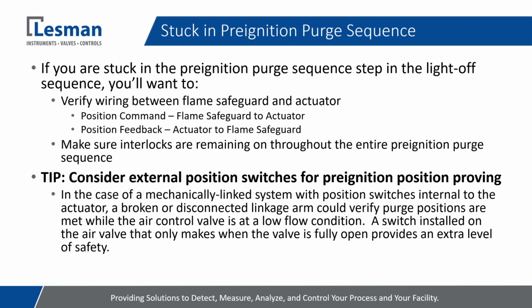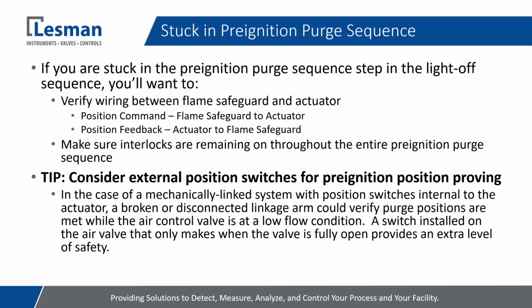So the flame safeguard is sending out a position command to the actuator: go to high fire. That usually takes anywhere from 15 to 30 seconds to achieve, and then the actuator will send a feedback saying, I'm at high fire. At that point, the flame safeguard will go through its purge countdown.